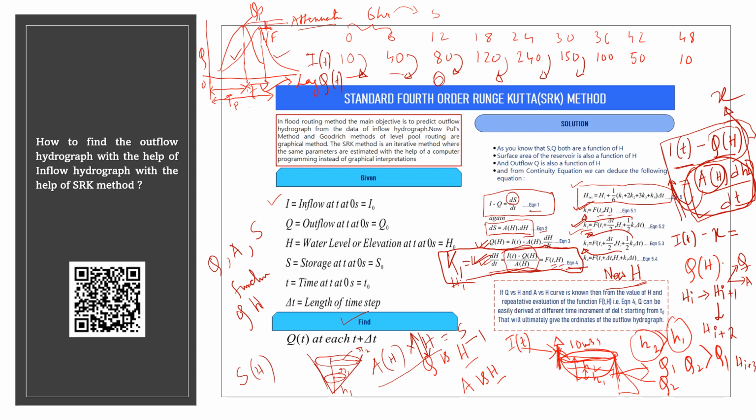From equation 4 and equation 5 you get new H's. From new H you get new Q, new A, put it into equation 4, again a new H, and so on. So this is basically what is known as the RK4 method, or standard fourth order Runge Kutta method.